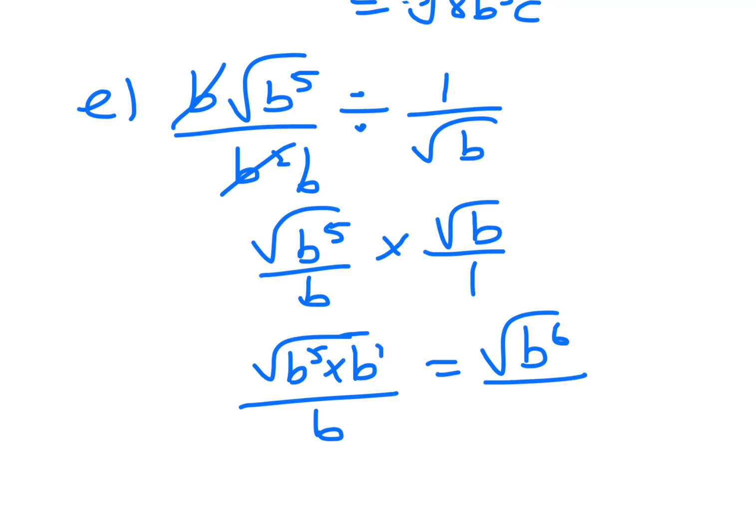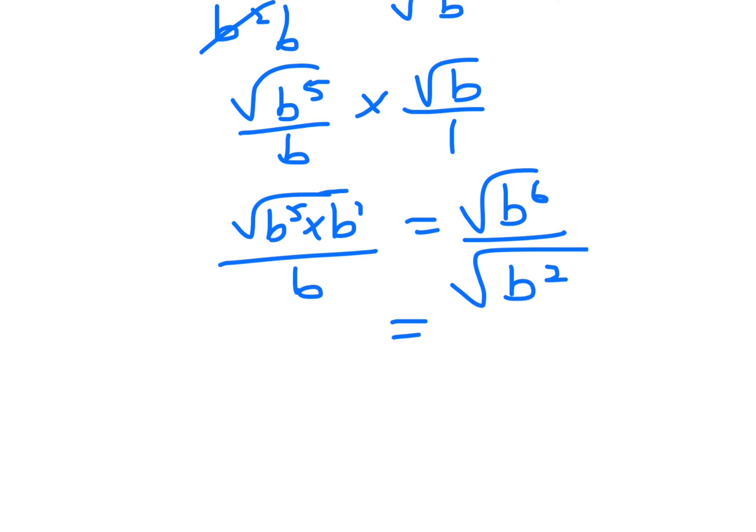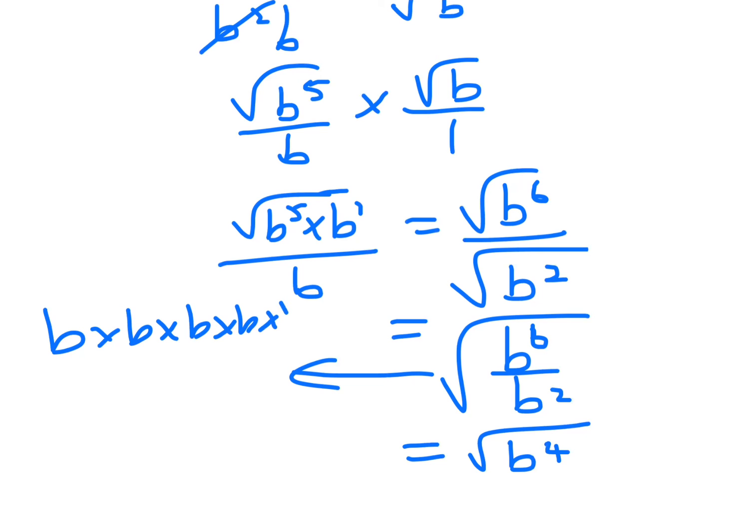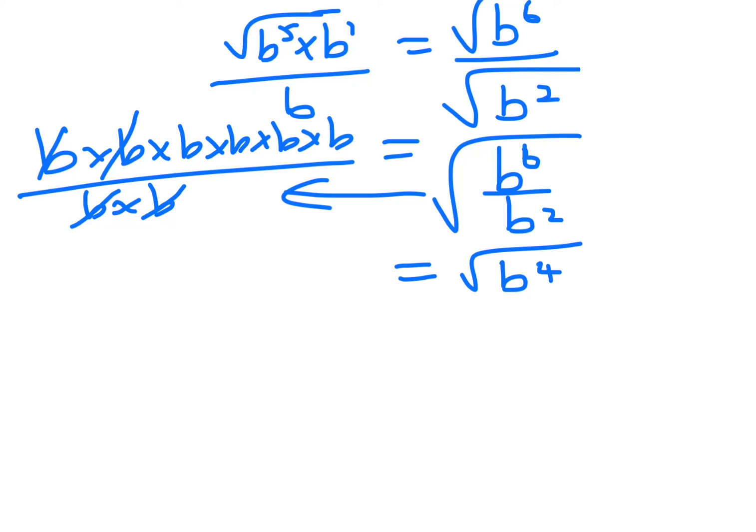So that's b6. And on the bottom, we're going to make that root b squared. So then that's the square root of b6 on b squared, which is the square root of b4, because 6 take away 2 is 4, because you've got 6 of them on the top, and you've got 2 of them on the bottom.